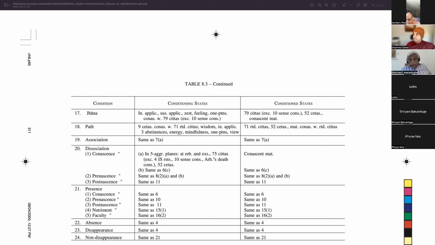So, will that be a good example? It can be used as an example.